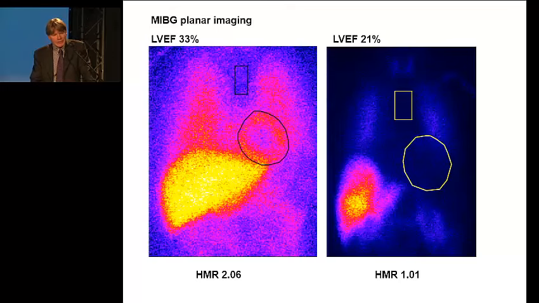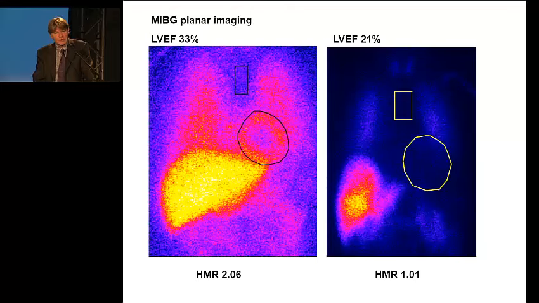Here you see planar images, and the planar images are not the nicest to look at because nowadays we're used to see everything in 3 dimensions, but these planar images give us a message. It's a very simple message. You see a region of interest on the left side, and you see a region of interest in the right side, and it's that circular region of interest that we see here in the middle that gives us an idea of how much MIBG is taken up in the heart.